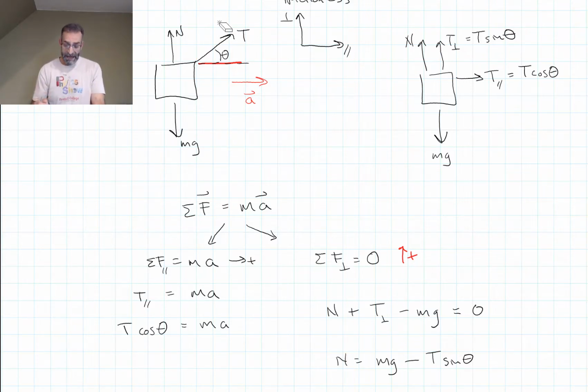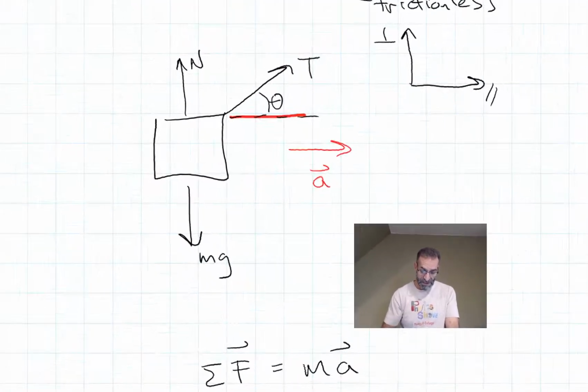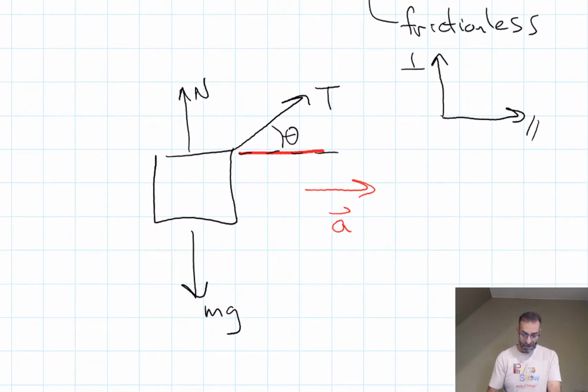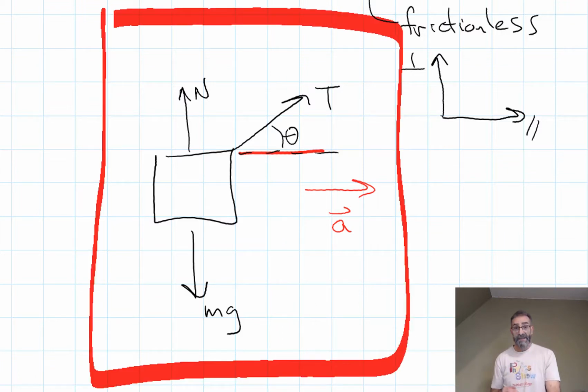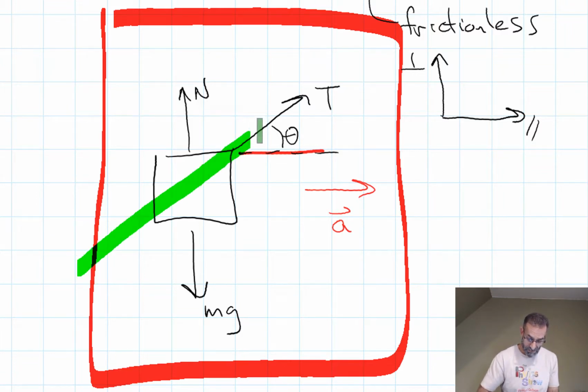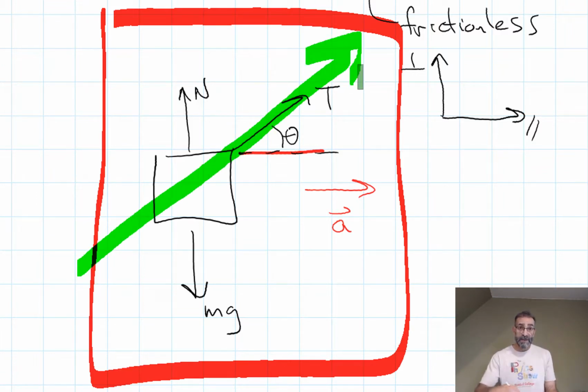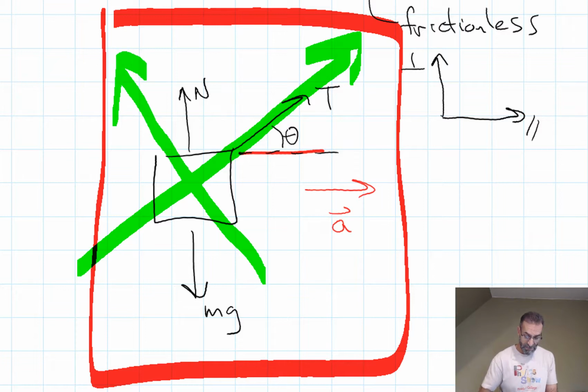So just to recap, when you see a situation like this, forces going in different directions, and you're trying to find how you're going to set up a coordinate system and split your vectors up into components, you might wonder, why didn't I choose this direction as one of my directions in my coordinate system, and then this direction as the other direction?